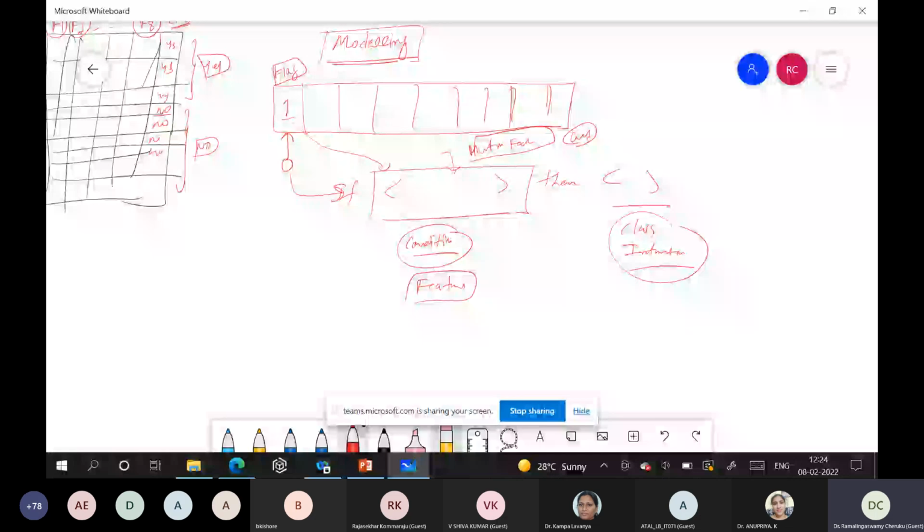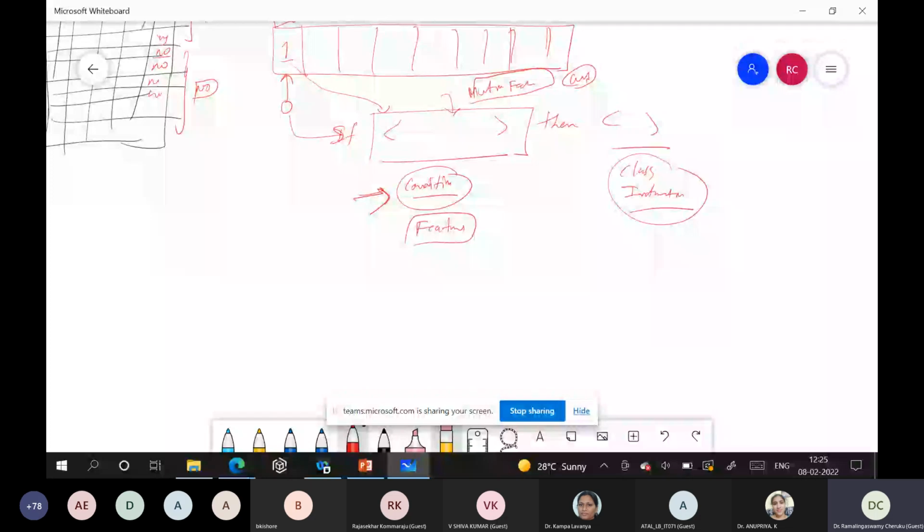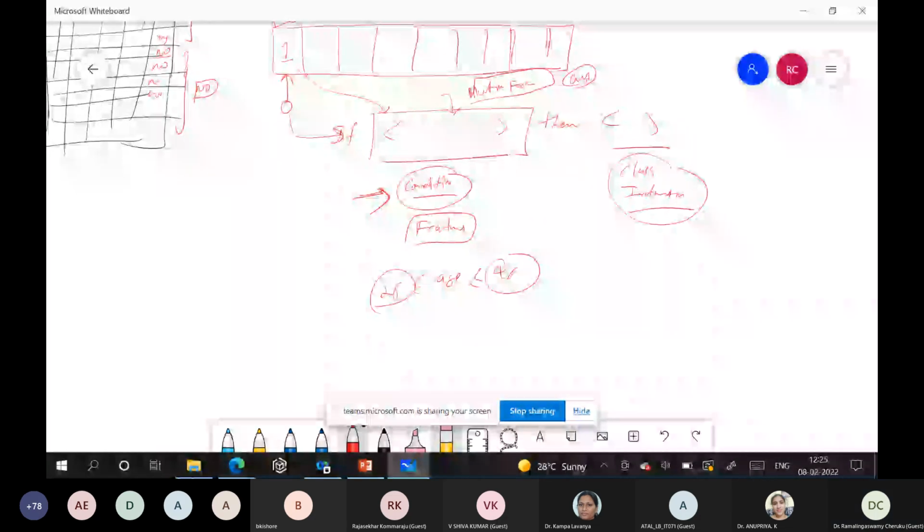Right. This is okay. Now, if any feature is there, you must specify the condition. The condition typically will have less than or greater than or equal to symbols. Suppose I am taking age between 25 to 45, this is the condition I want to represent.